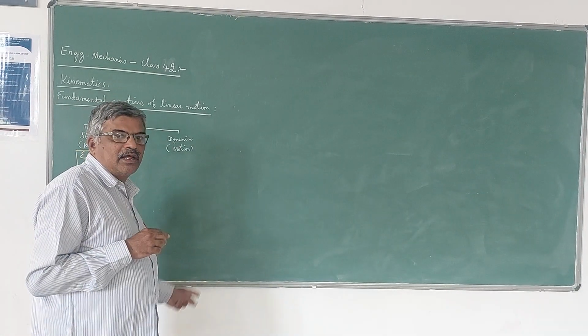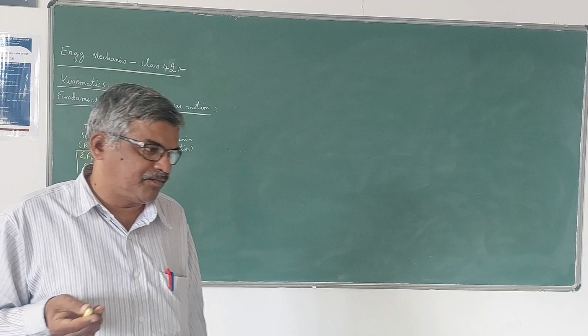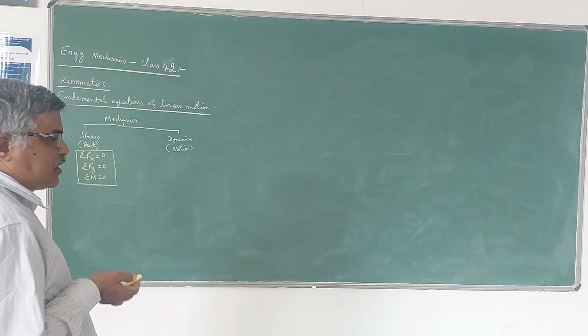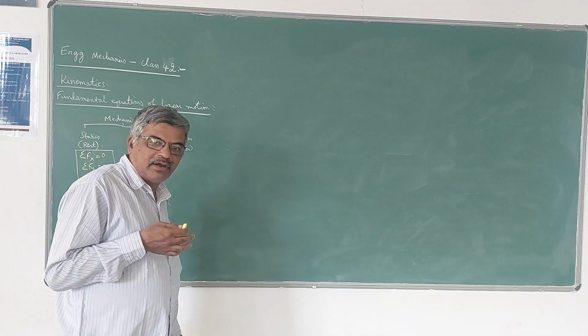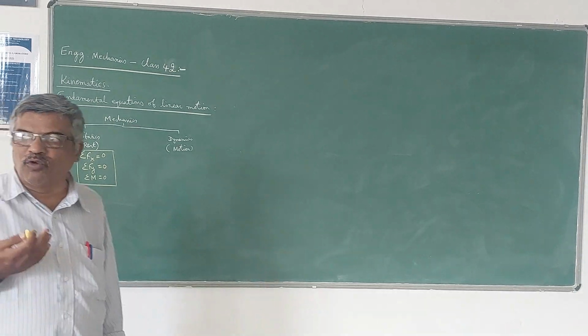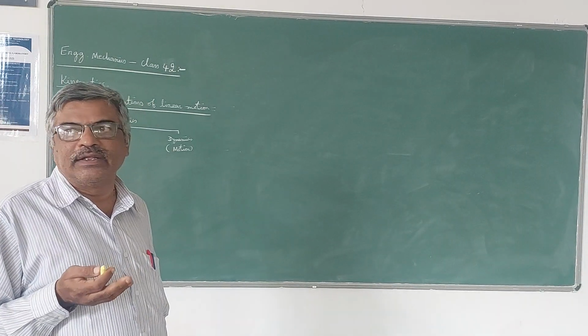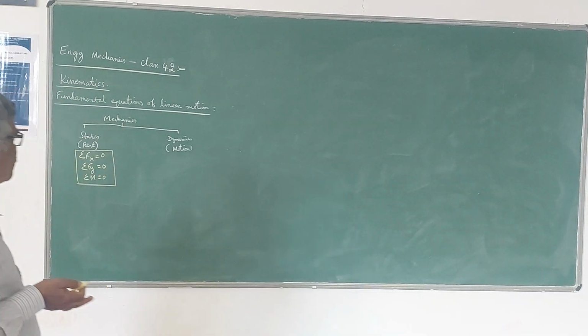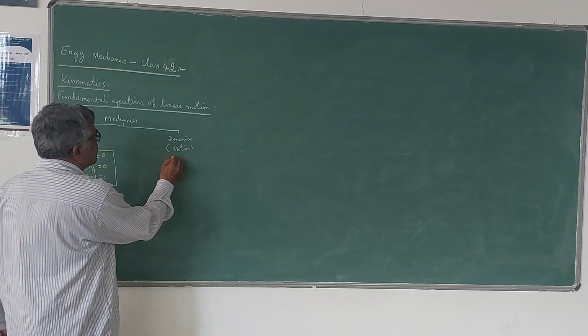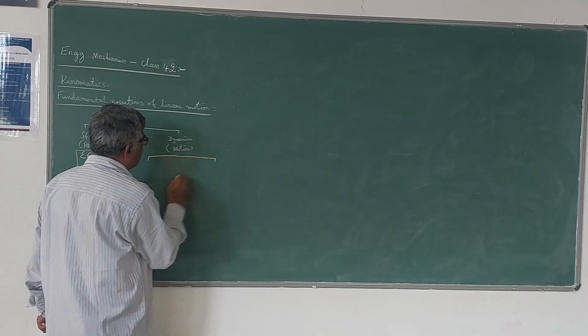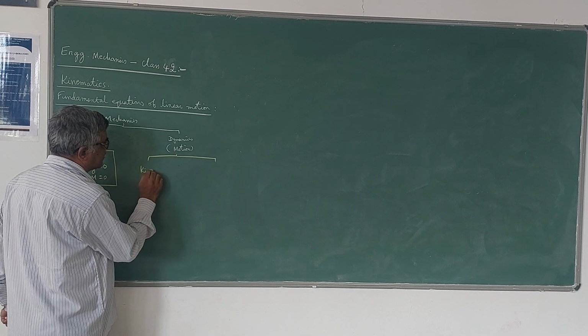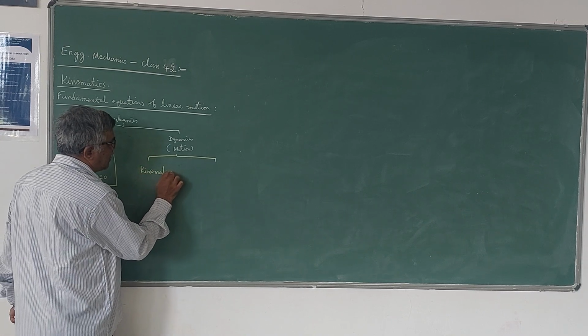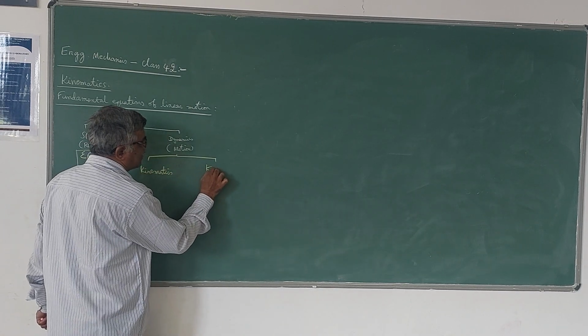Dynamics deals with the bodies in motion. That means the velocity, acceleration, distance traveled or displacement, and the force causing the motion, and also the energy involved in motion. Once again, this dynamics is classified into two parts. One is kinematics, another one is kinetics.